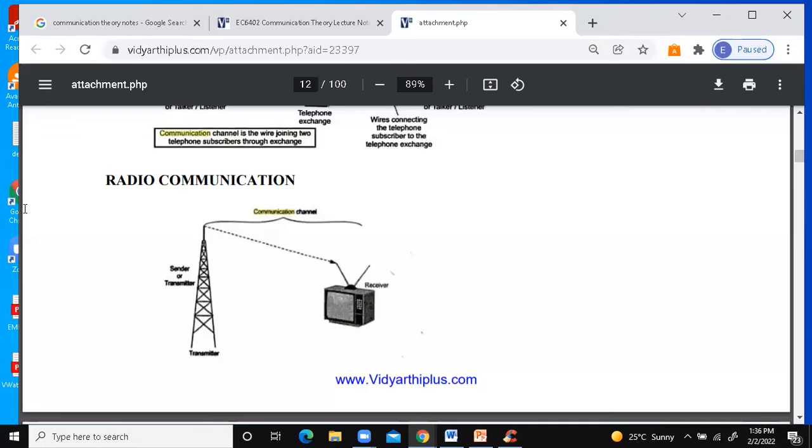So let us go a little bit into getting this signal to this transmitter, or to this tower.